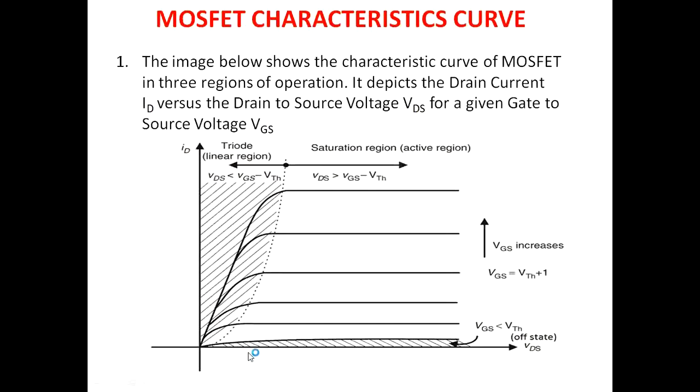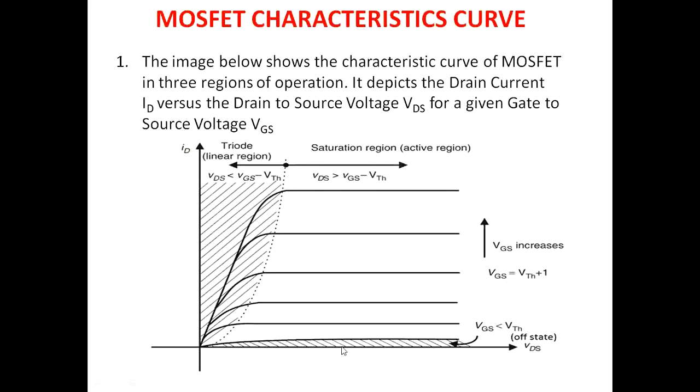This is the output voltage and this is the output current, since the drain side is called the output side. So this is output current and output voltage, VDS. The third parameter is the gate, and the gate is the controlling parameter.